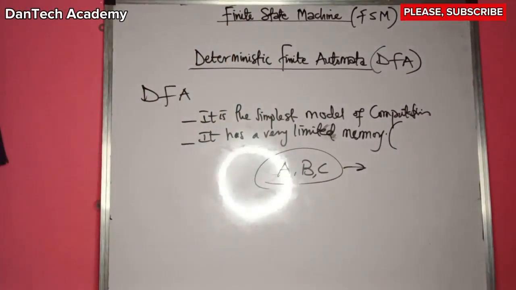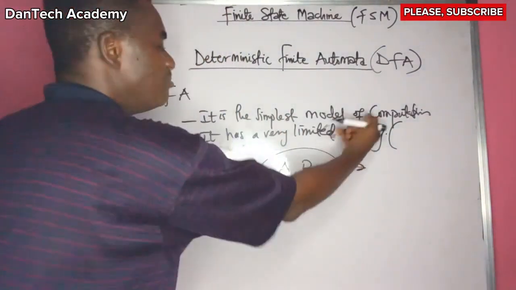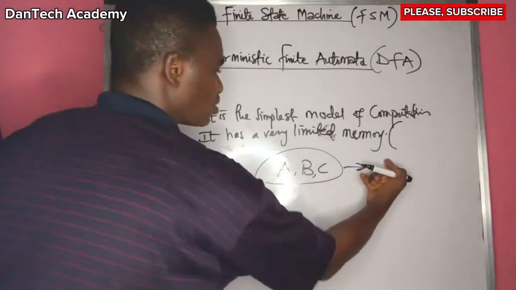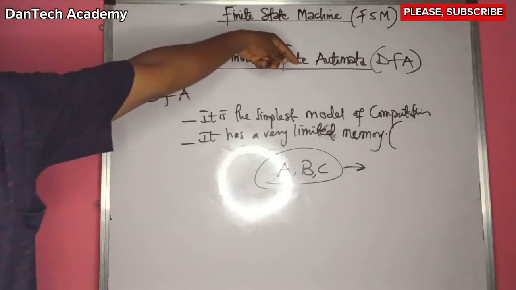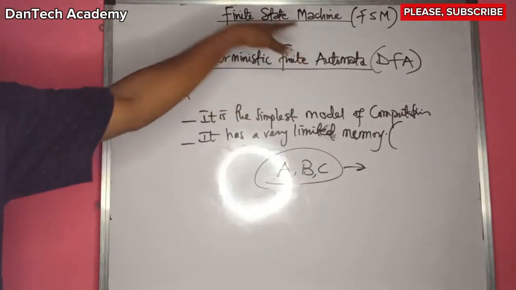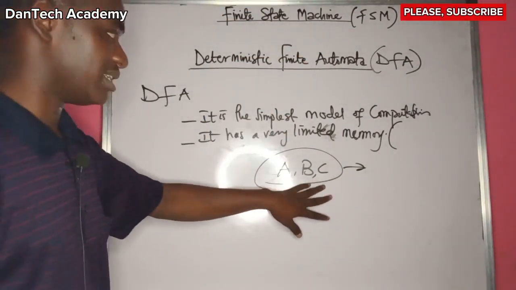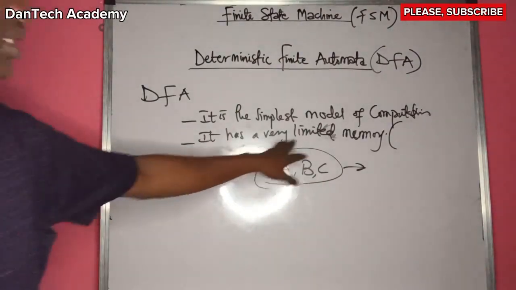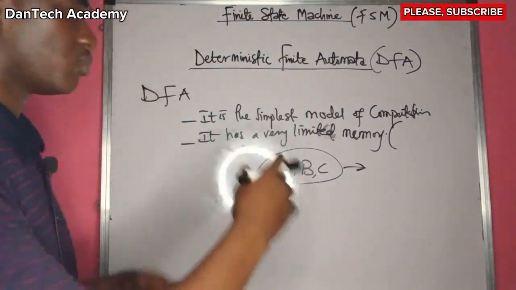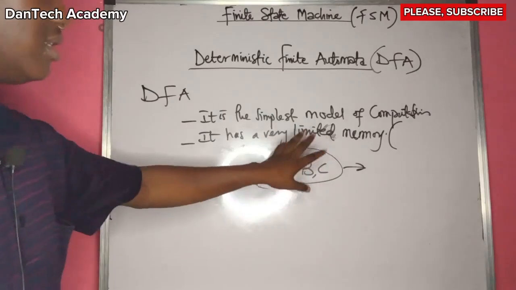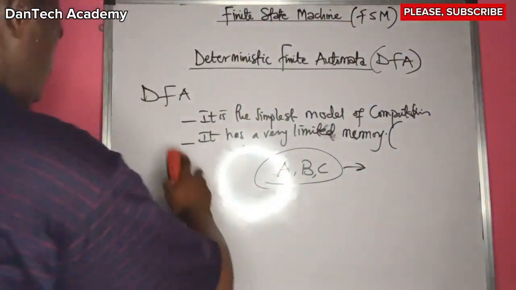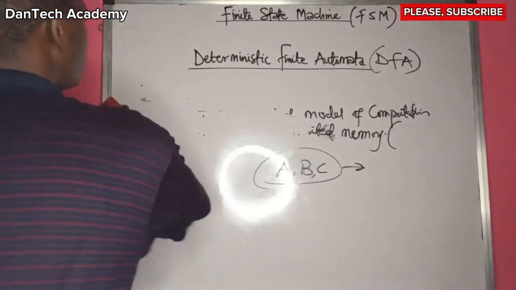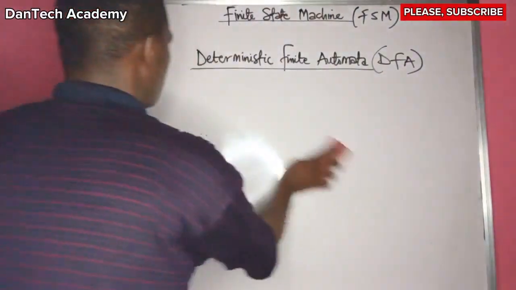But because DFA has a limited memory, it won't be able to do that. So the only one that can do that is NFA. At some point, we will test this with some questions, and you will see that DFA actually has a limited memory. So that's for that. Then let us now see the structure of DFA.